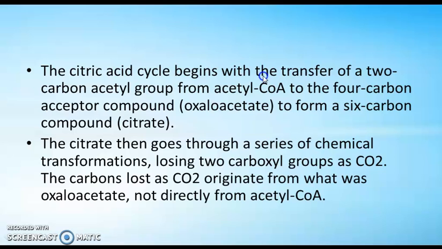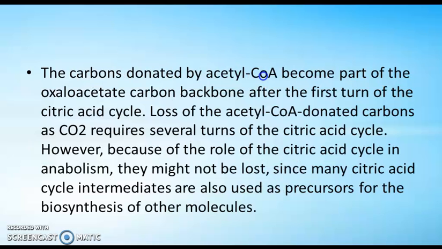So as a result of losing 2 carboxyl groups, citrate moves through a series of chemical transformations and reaches oxaloacetate, a 4-carbon compound. The carbons donated by acetyl-CoA become part of oxaloacetate.